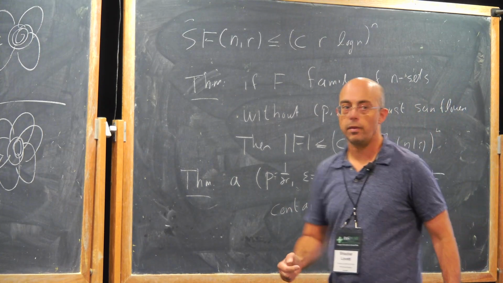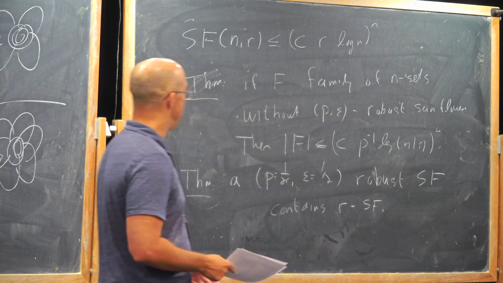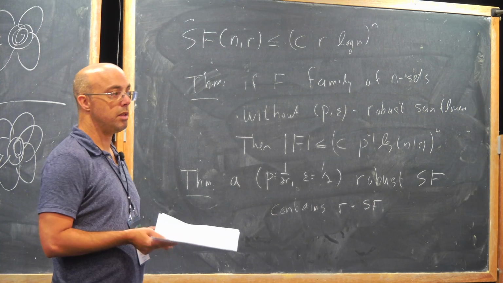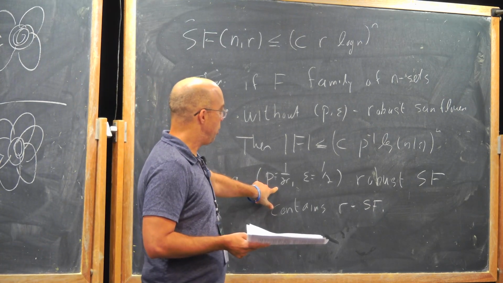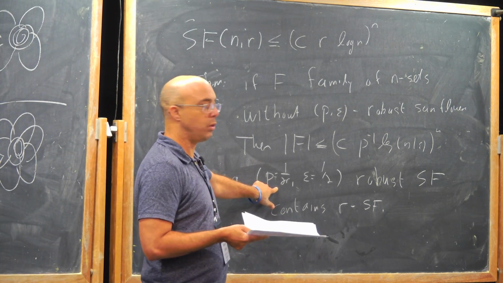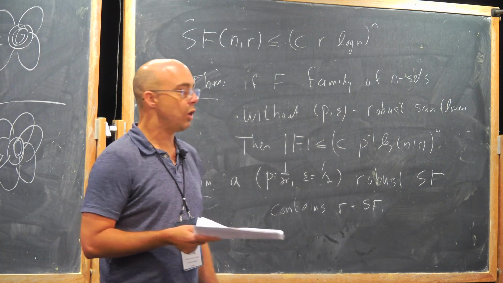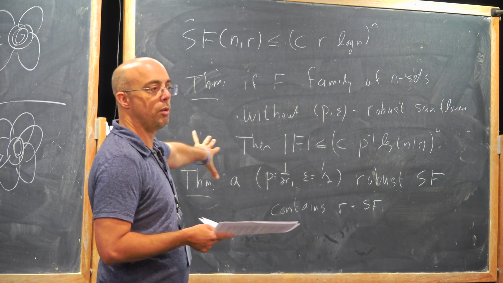Okay? So again, what I was saying here, if you have a robust sunflower with good enough parameters, meaning your p is something like 1 over r, it's actually 1 over 2r, and epsilon is a constant, a half, this contains a sunflower. So actually, both of the theorems are going to be part of your problems.